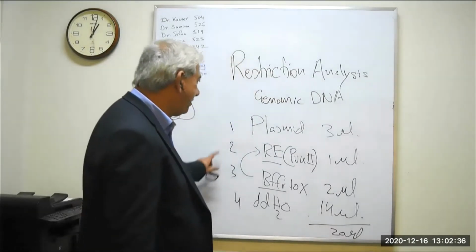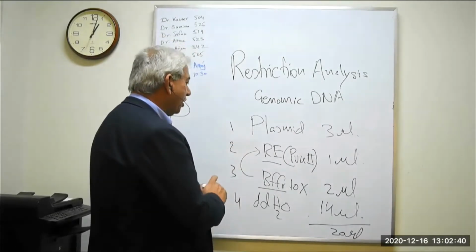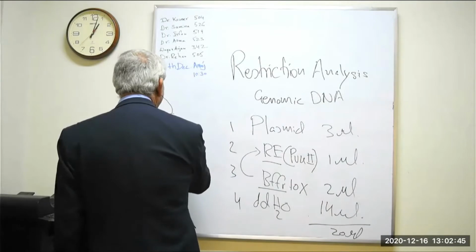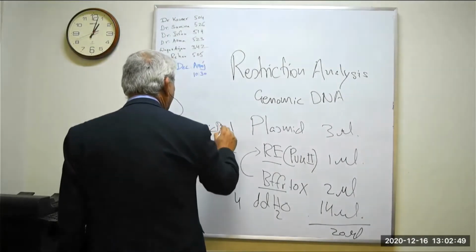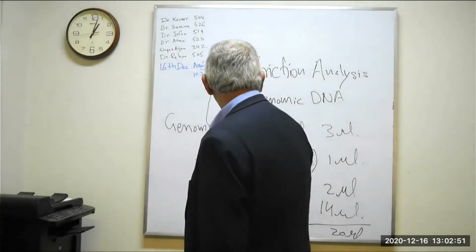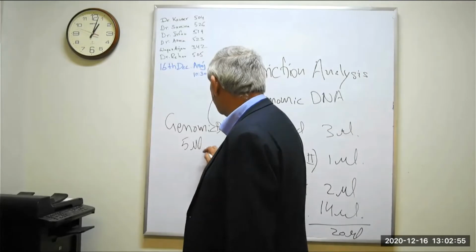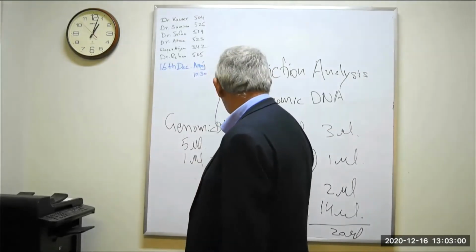The same will be the case with genomic DNA, but in case of genomic DNA, here we will use genomic DNA, and that will be 5 microliter per reaction. Restriction enzyme will remain the same.